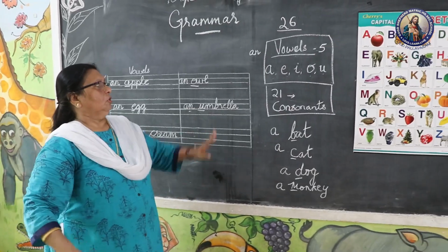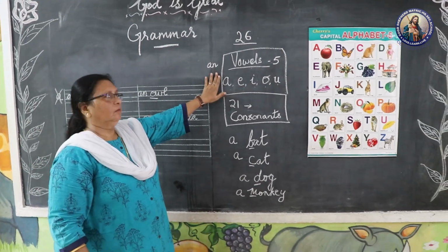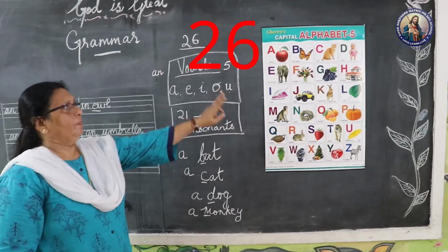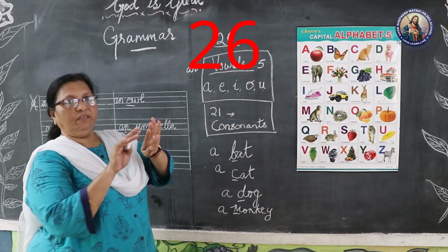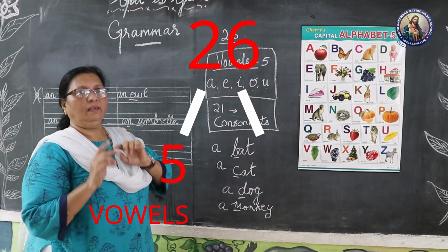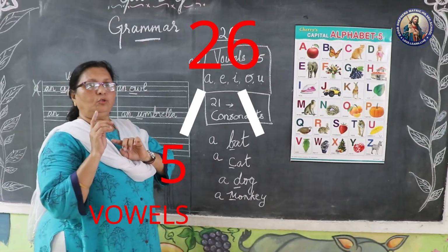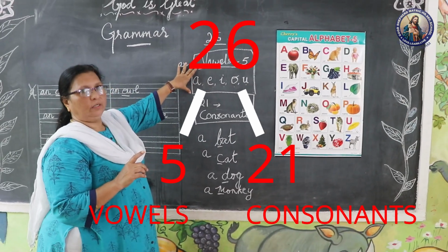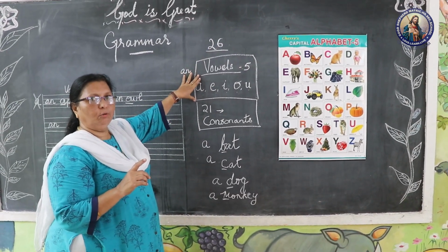Okay children, is it very clear? Out of 26 alphabets from A to Z, it is divided into two. One is 5 letters and the other one is, tell me, 21 letters. The 5 letters are important and have a certain rule.